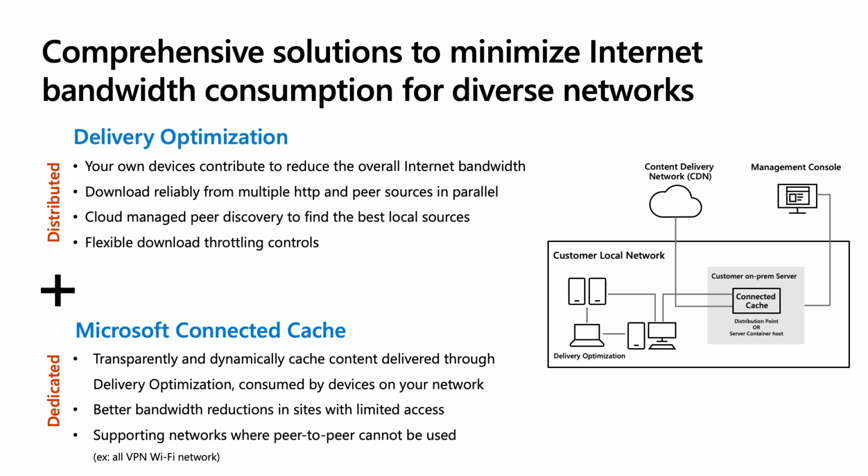But Microsoft Connected Cache really puts delivery optimization on steroids. It gives you a lot more control over where the peers come from and where the data comes from, as well as gives you opportunities to define fallback options should the local peers not be present.